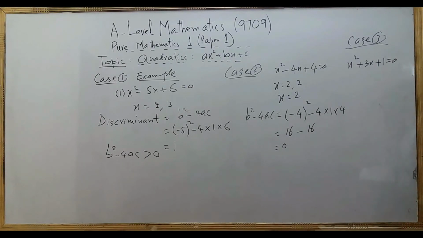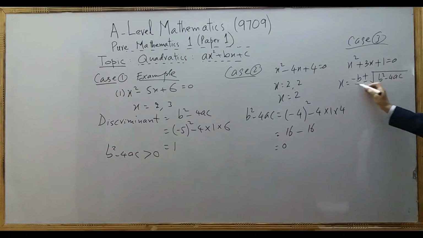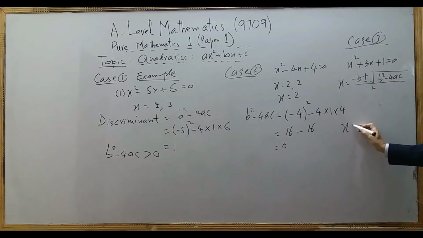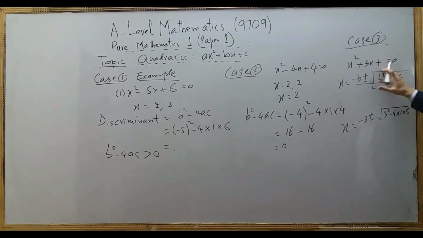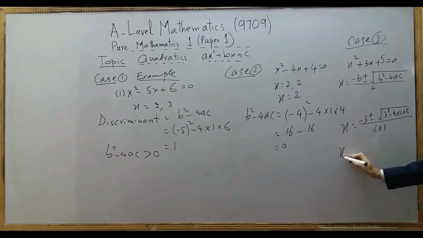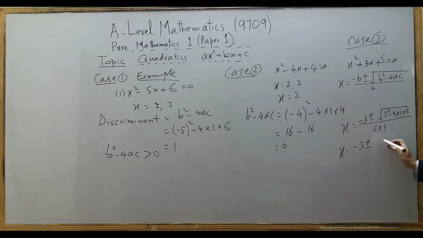Now if you solve this quadratic equation, apply the quadratic formula, minus b plus minus the square root of b square minus 4ac, whole divided by 2a. When you apply it, you will get minus 3 plus minus the square root of b square minus 4ac, with c as 5, whole divided by 2 into a. The value will be minus 3 plus minus under the root 20 minus 9, that is minus 11, divided by 2.